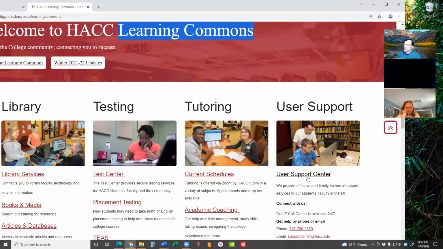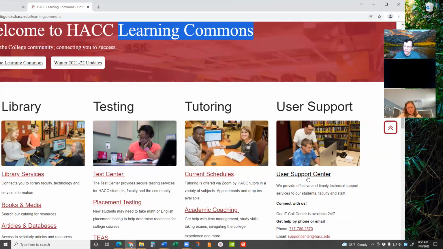User support is for technical support. If you're having a computer issue, a Wi-Fi issue, or an internet connectivity issue, you can reach out to our support people and they will try to help troubleshoot your problem. In some cases, HACC is able to provide temporary hardware, such as improved Wi-Fi routers, to improve your internet connection.